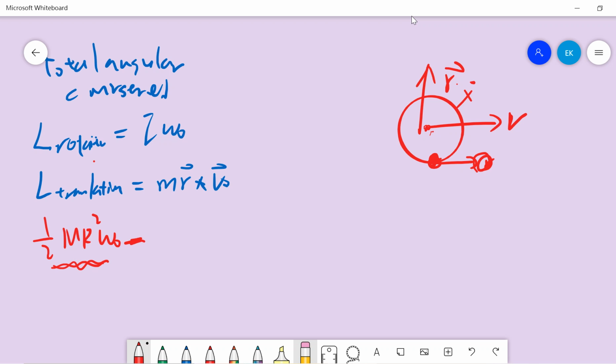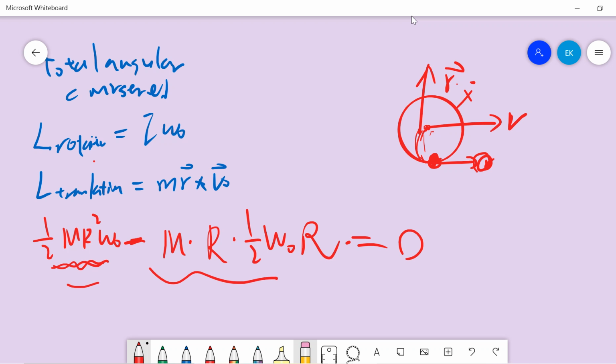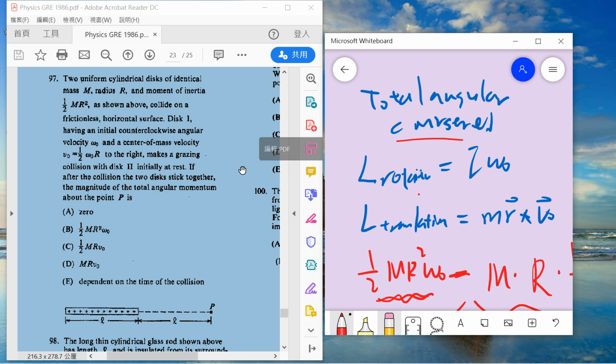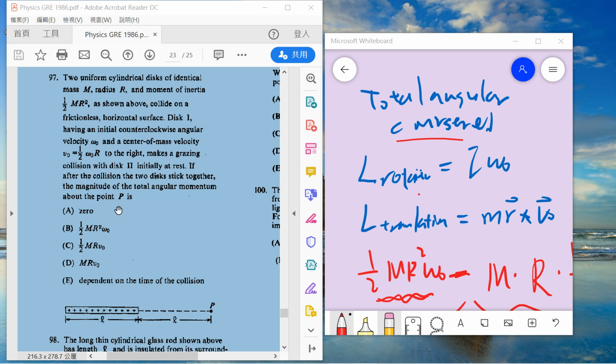So this should be a minus sign. So we have M, R is basically this distance, and V naught. So you say, oh, which is amazingly cancelled. So it asks about the magnitude of total angular momentum about a point P, which is zero. So the answer is A.